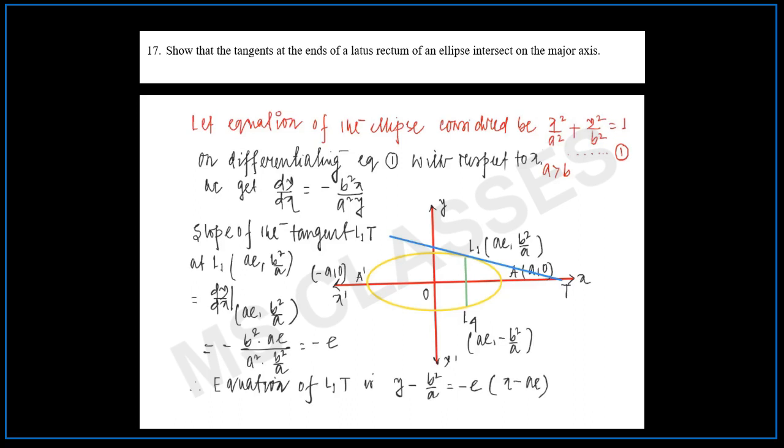Now this further simplification gives us ex plus y equal to a e square plus b square by a. Now we can simplify this further and write ex plus y equal to a square e square plus b square by a.